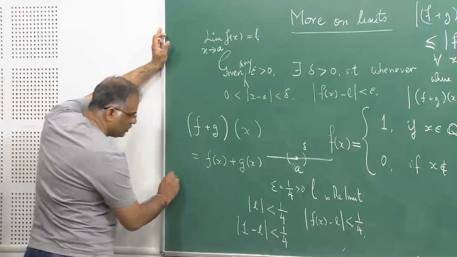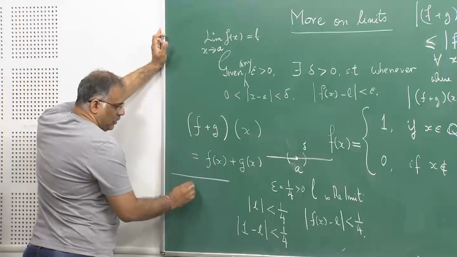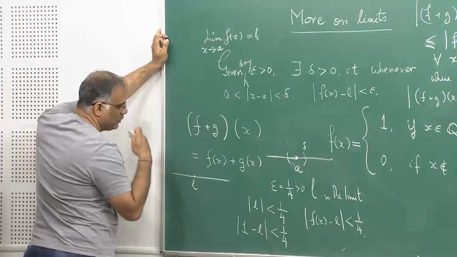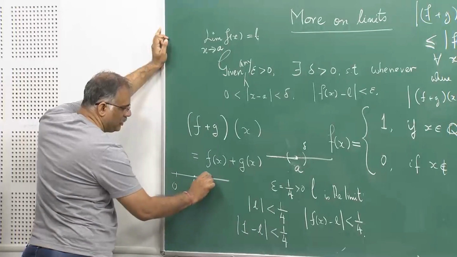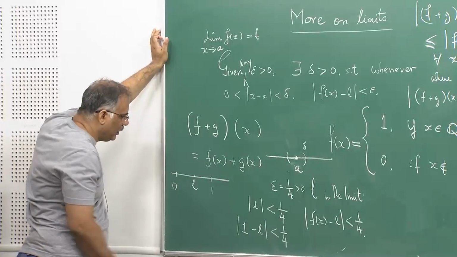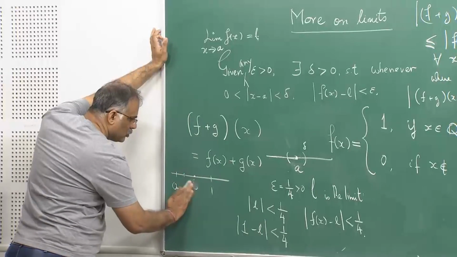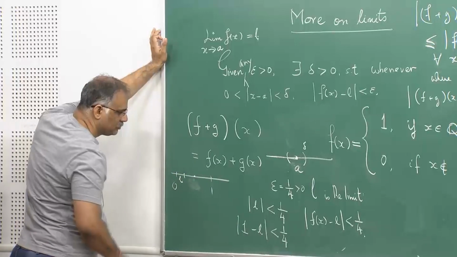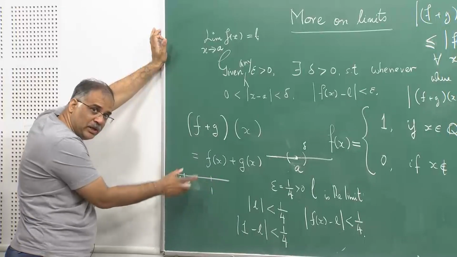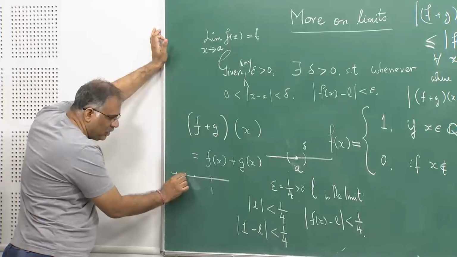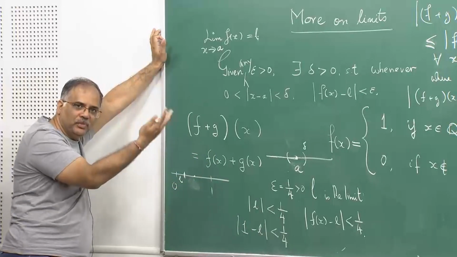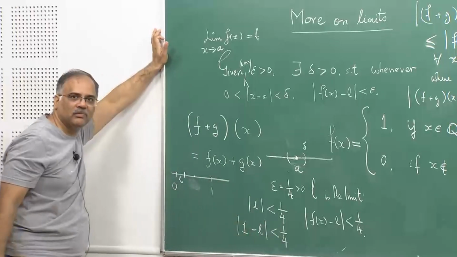So here is L, assume L is positive just for the moment, here is 0, here is 1. L is less than 1/4, so L has to be here. So 1 minus L is this part, so it has to be bigger than 3/4. So how can 1 minus L be strictly less than 1/4?